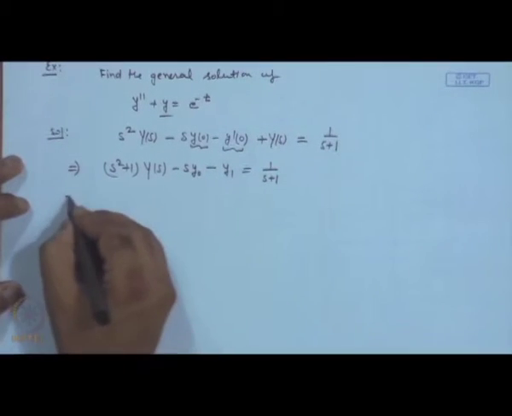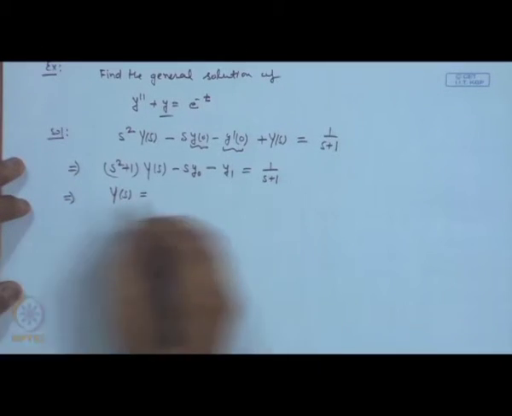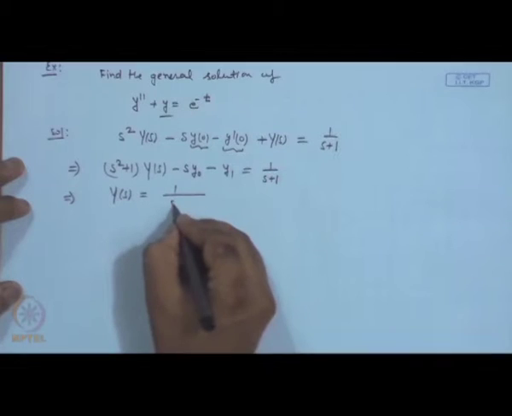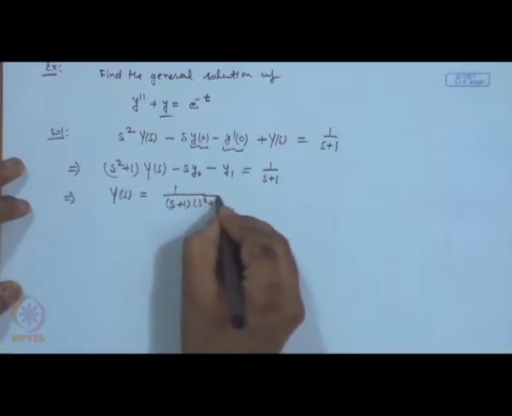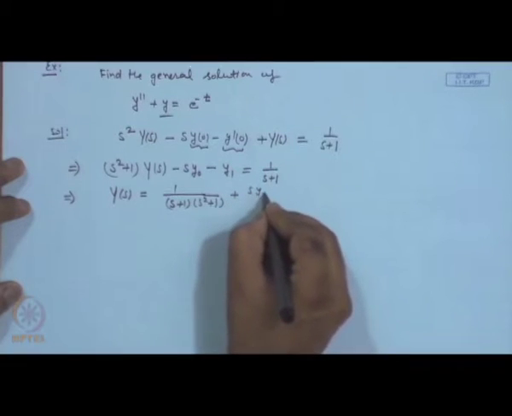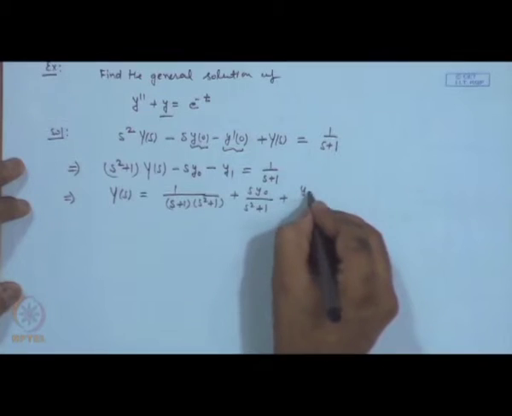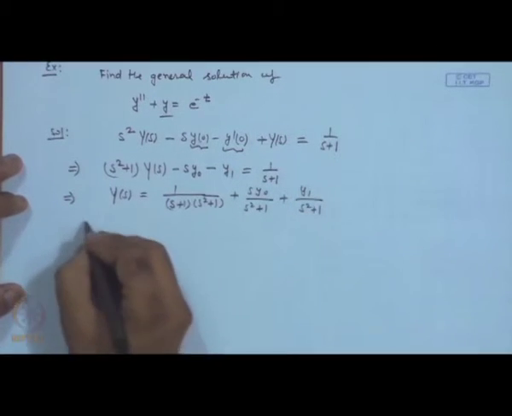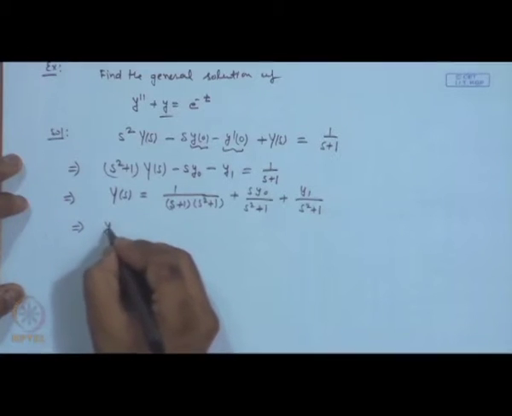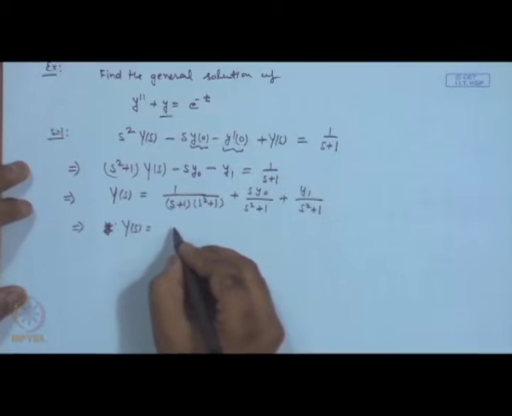This is the only difference, and we then have Y(s) equals 1 over (s plus 1)(s squared plus 1) plus s y0 over s squared plus 1 plus y1 over s squared plus 1. Again we do the partial fractions here.